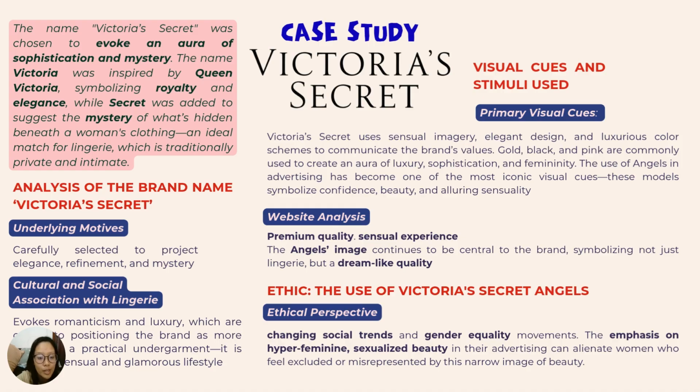And the Me Too movement and increasing calls for body inclusivity challenge the brand to rethink what it represents for women. So that's why it needs to adapt to social trends.